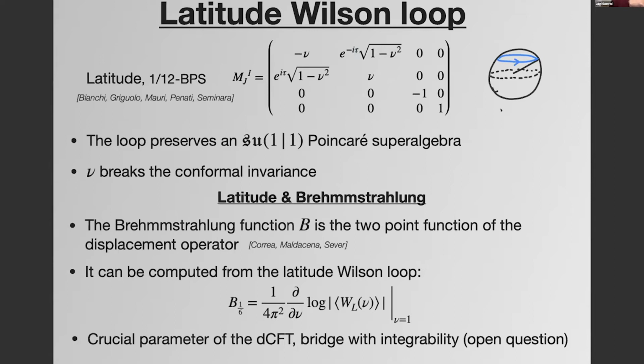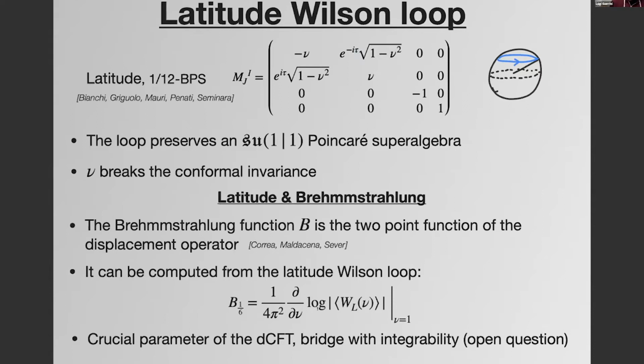This operator is interestingly related to the Bremsstrahlung function, which is the two-point function of the displacement operator of the 1/6 BPS circular Wilson loop. So the relation is given in this formula.